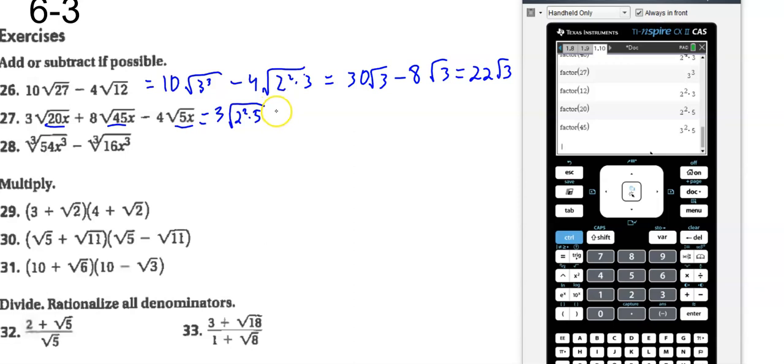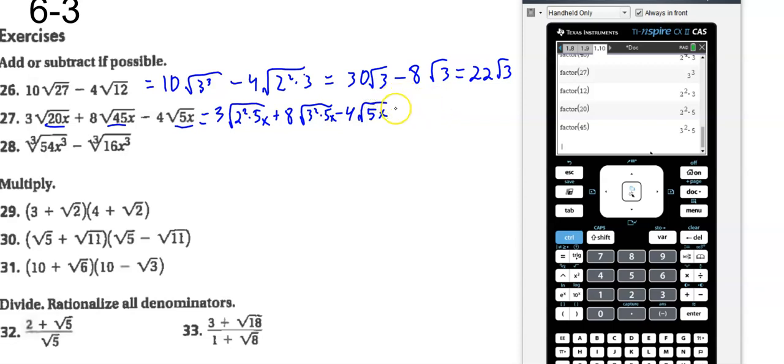Okay, I kind of like that. Plus 8 times 3 squared times 5, square root of 3 squared times 5, minus 4 times, oh, that has an x on it actually, and this one has an x on it. I forgot the x, and this is 5x.